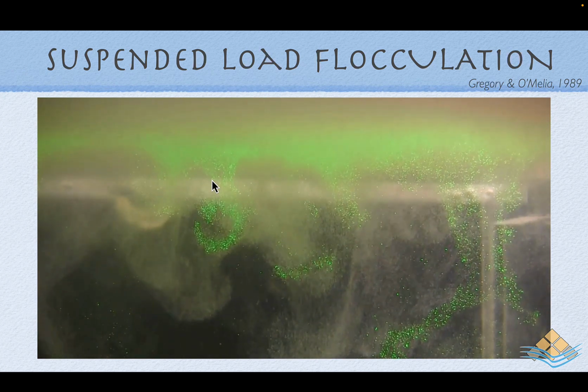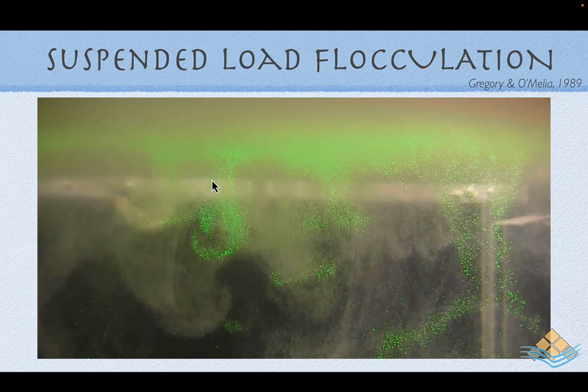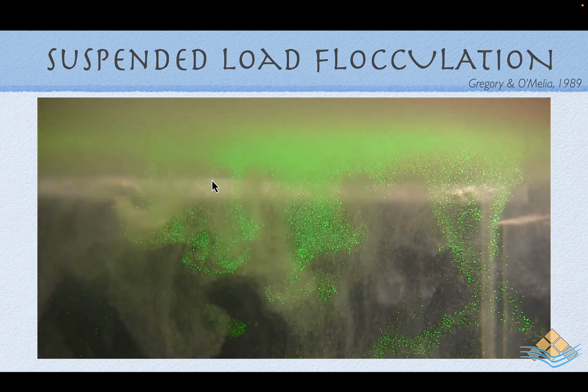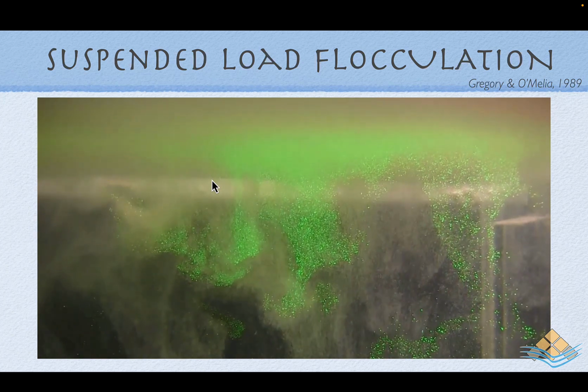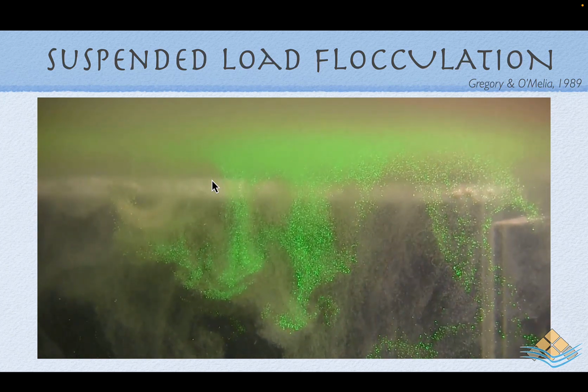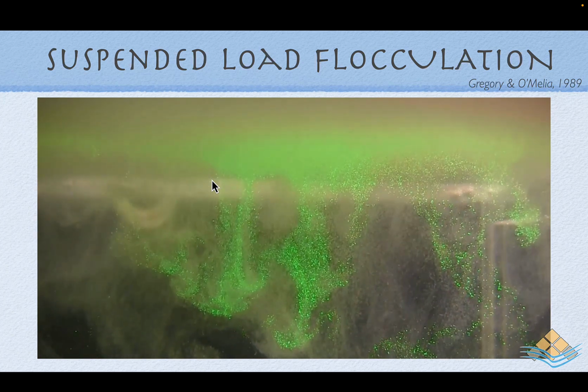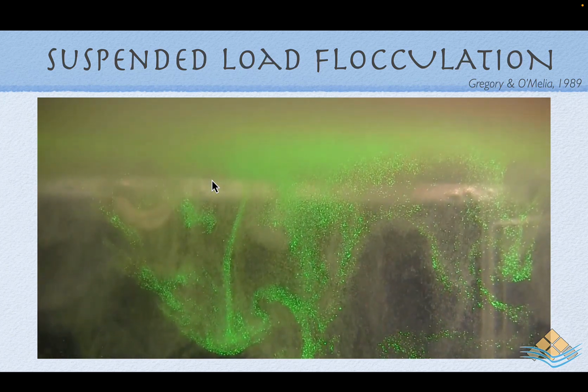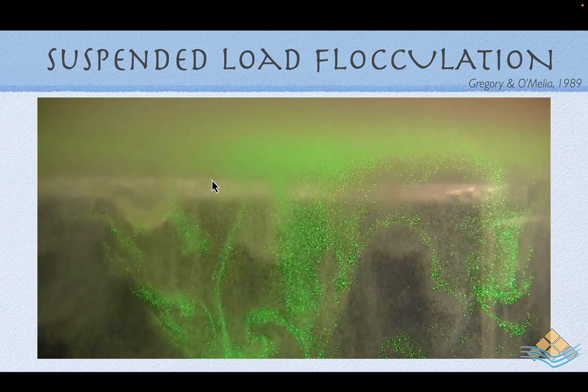Now that increased salinity, as was shown by Gregory and Amelia back in 1989, that saline interface between the upper fresher water body and the lower saline water body drives flocculation as it shrinks the electric double layer that's surrounding most clay minerals, which have a surface charge.